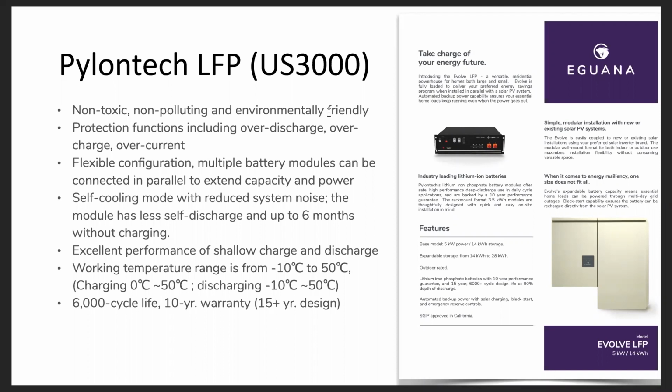It has a higher percentage of recyclable materials in it, and the temperature range where it is effective is from -10 degrees C to about 50 degrees C, as well as the warranty, a 10-year warranty, or 6,000 cycle life.